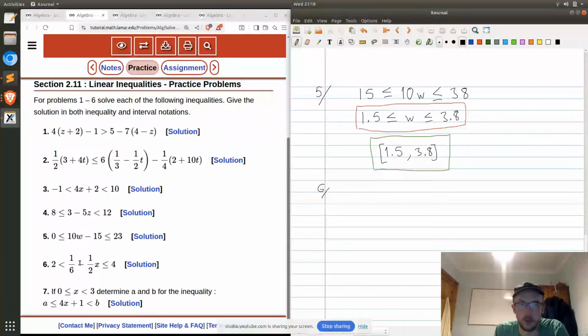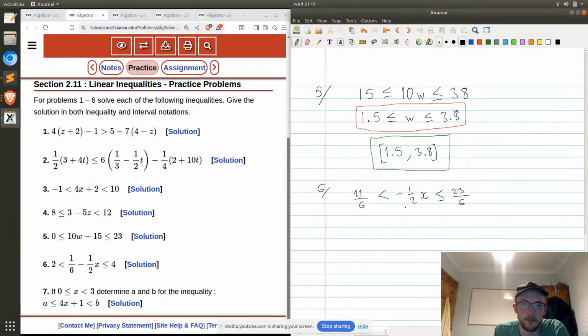For the sixth one here, first subtract 1/6 from the left and the middle and the right. So we're going to get 11/6 on the left, minus half x in the middle, and 3 5/6 on the right, which is 23/6.